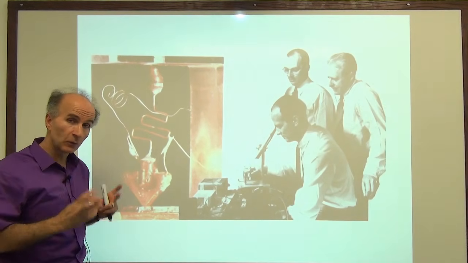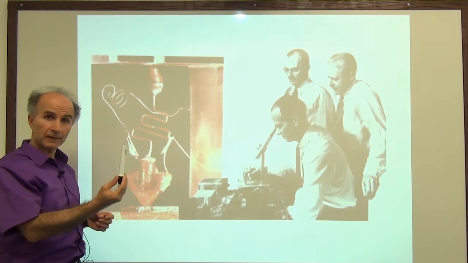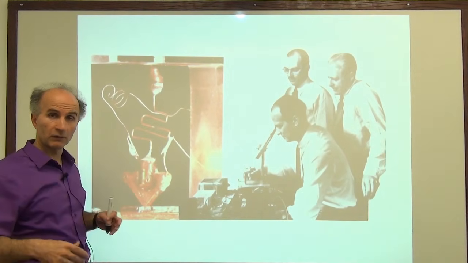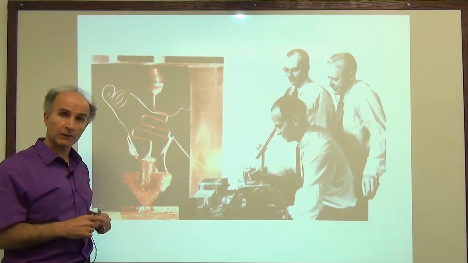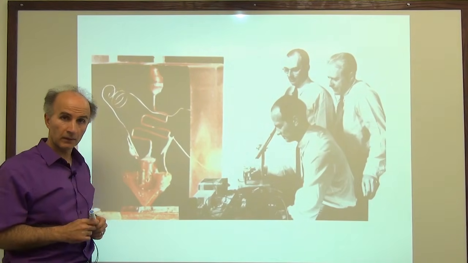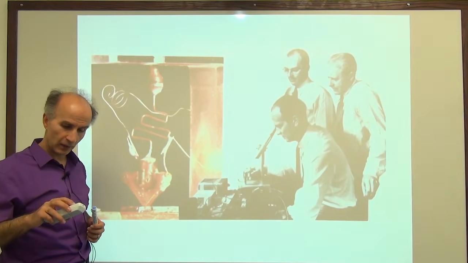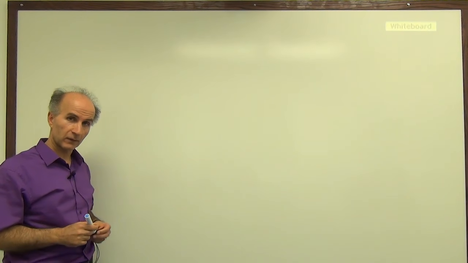We had vacuum tubes that could amplify, but the vacuum tubes were big. They were about this size. So if you wanted to build an electronic device like a radio, you would have to have lots of these vacuum tubes in there. It was very difficult and very cumbersome. So this was why there was so much excitement about this, and eventually why it found its way into everything that we built.